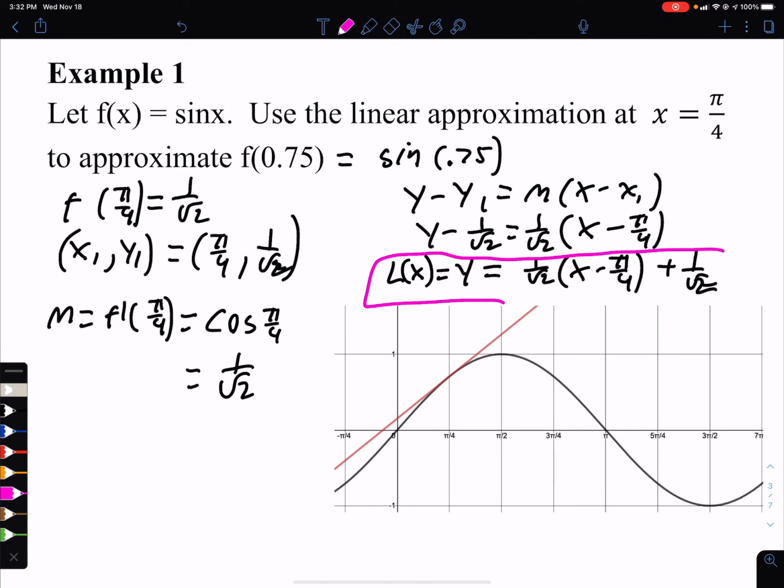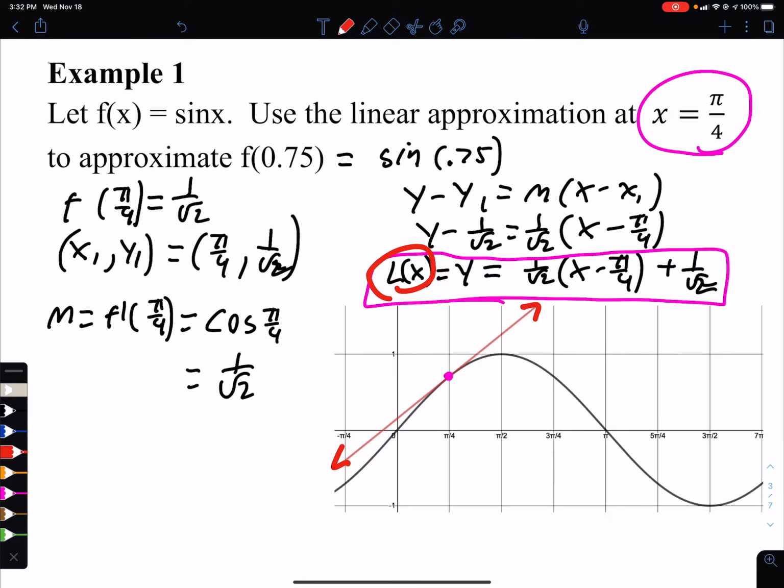So what have we just done? We found the equation of the tangent line at pi over 4. There's pi over 4. This line that we have here, that is L of x. And this is f of x.